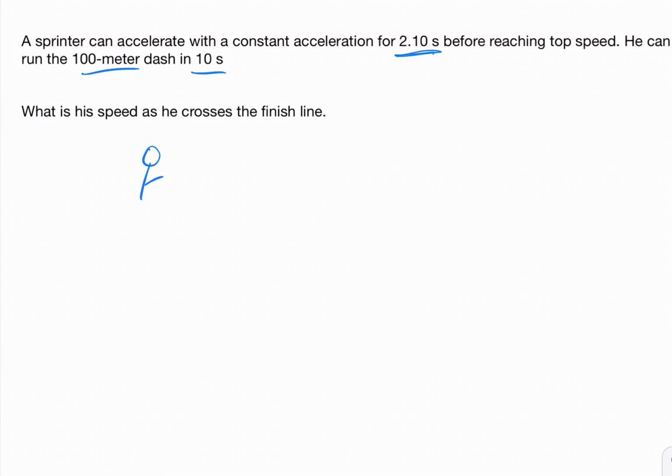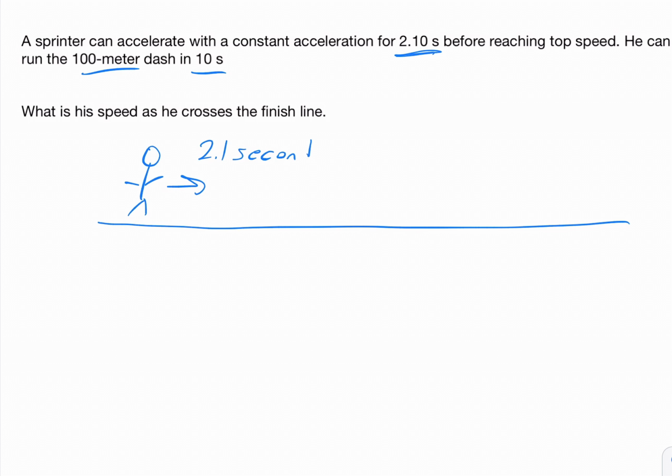So we have a guy, and he's on a track, and he's going to run for 2.1 seconds. So let's look at his distance, x sub t. The initial point is 0.